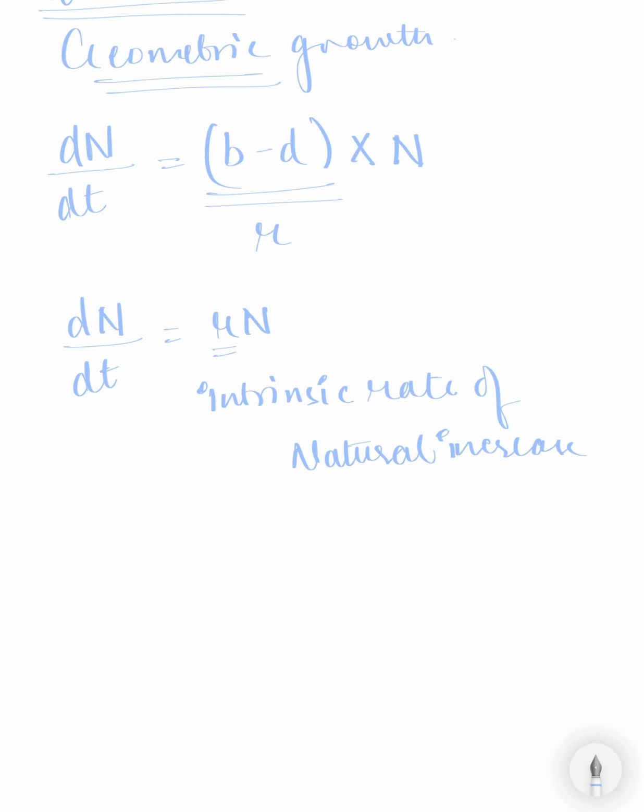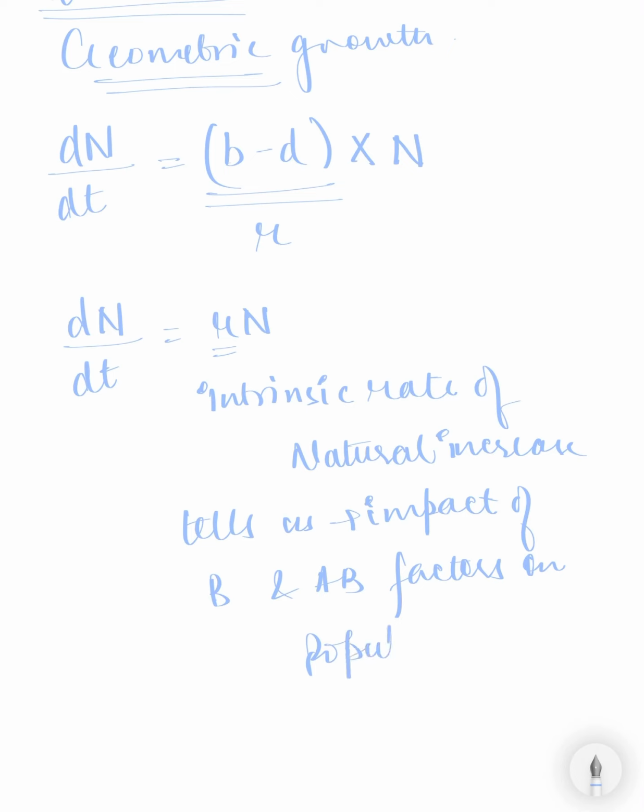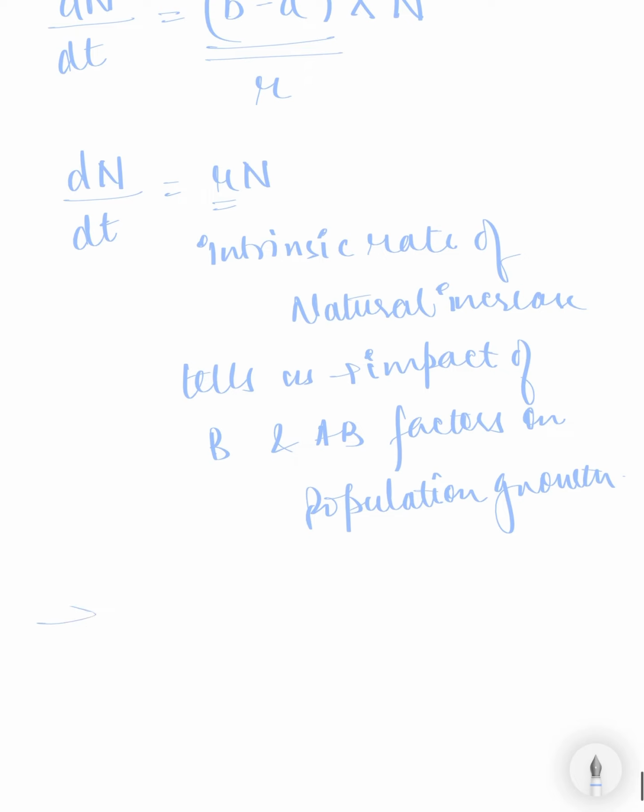This is a very important parameter because it tells us about the impact of biotic and abiotic factors on population growth, like how these two factors are affecting the size of the population. In some time we'll draw the graph on the basis of this equation. The graph would be a J-shaped graph.